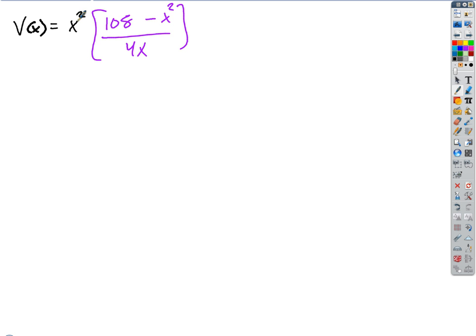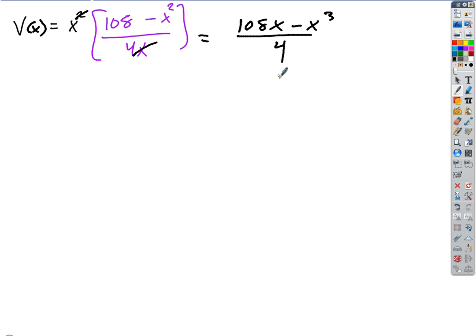I could distribute the x then if I wanted to also. Why not do that instead of having to do product rule? So I get 108x minus x cubed, over 4. That's V of x. Okay, so there's our function.